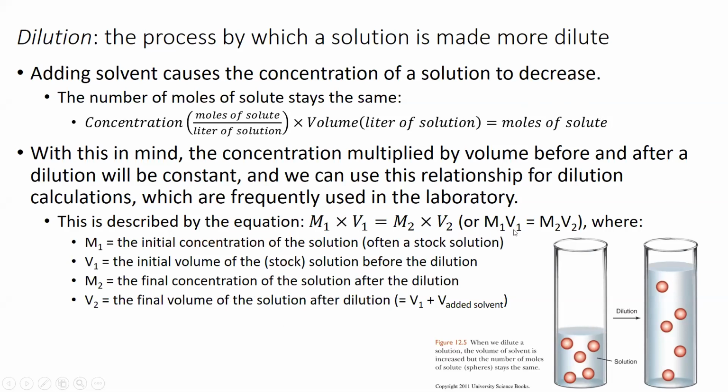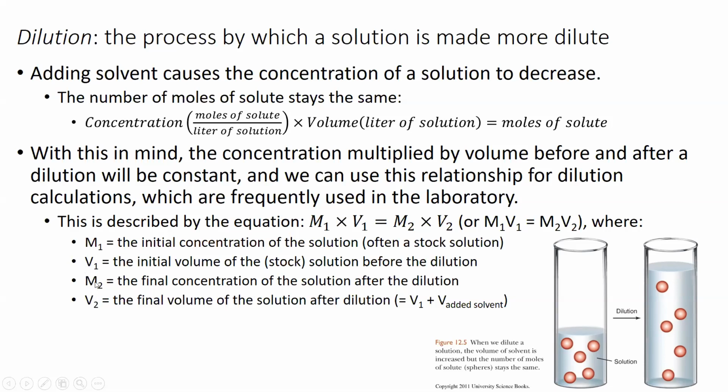So we say that's M1V1 equals M2V2, where M1 is the initial concentration, V1 is the initial volume of that solution, and you multiply those together to get the moles of solute. M2 is the final concentration after the dilution has occurred, and V2 is the final volume of the solution.